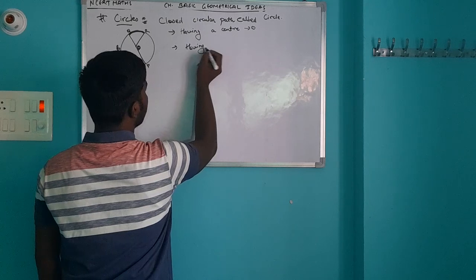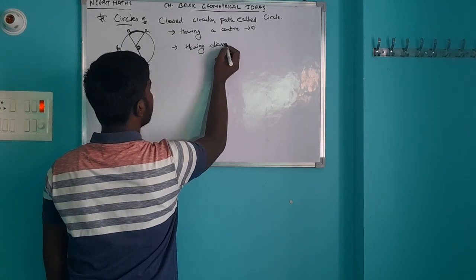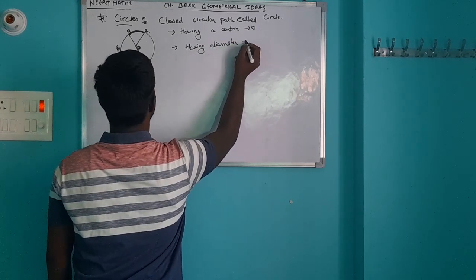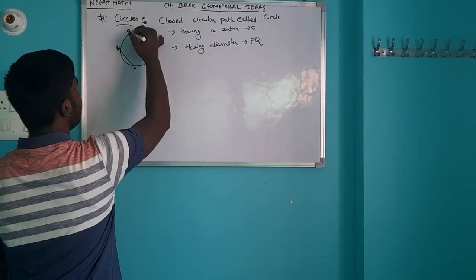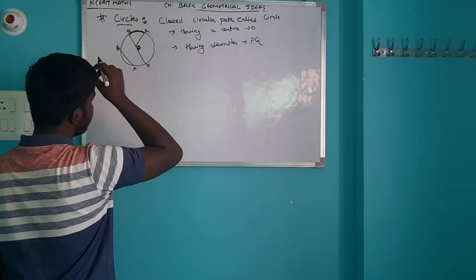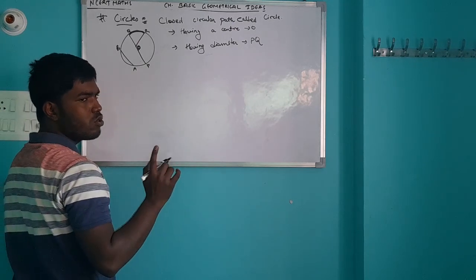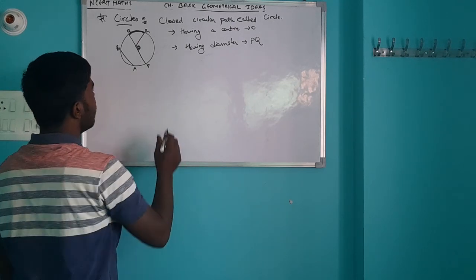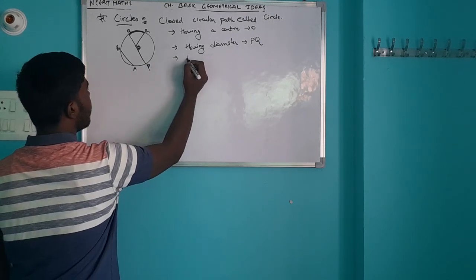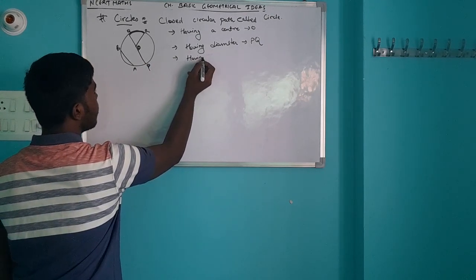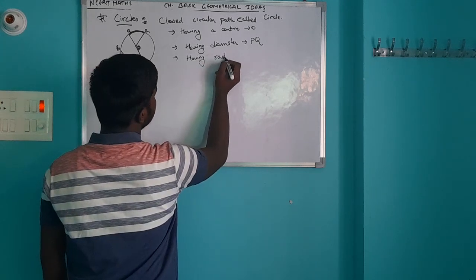Having diameter PQ. So the diameter is the full length of any line segment which passes through the center of the circle. So here PQ is the diameter. Then having radius.